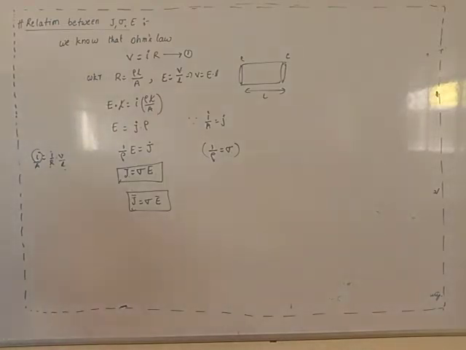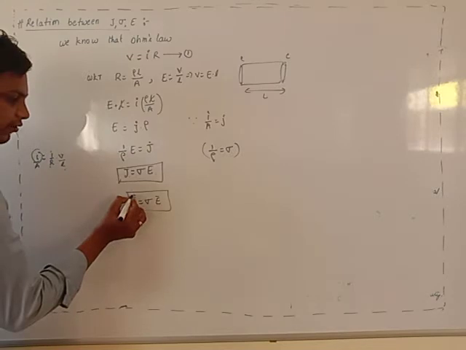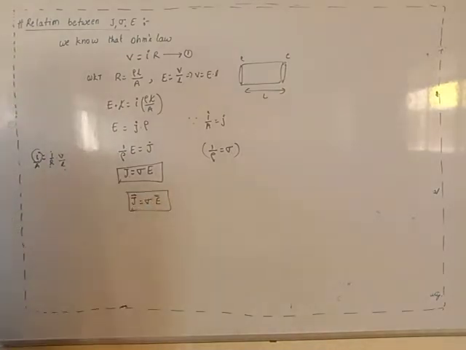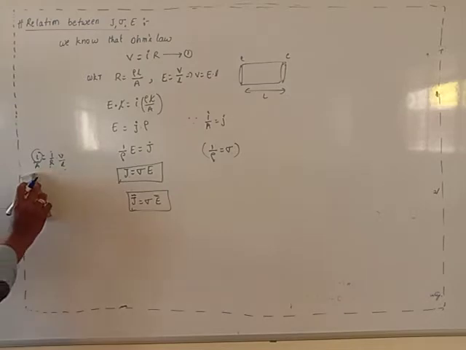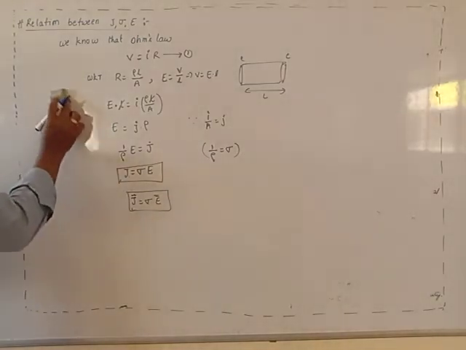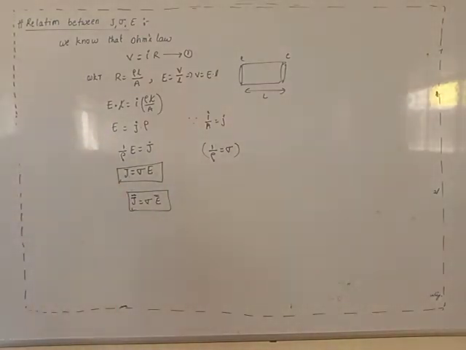Okay, I hope you understood. So here J bar is a vector, and E bar is a vector. Clear? Now I'll go for the next concept, that is calculation of resistivity.